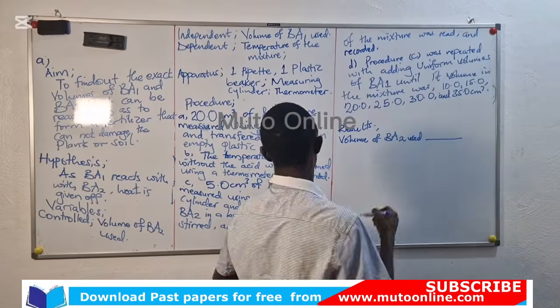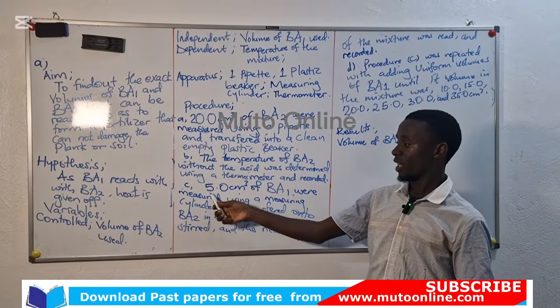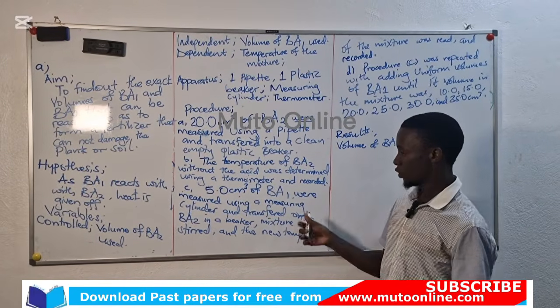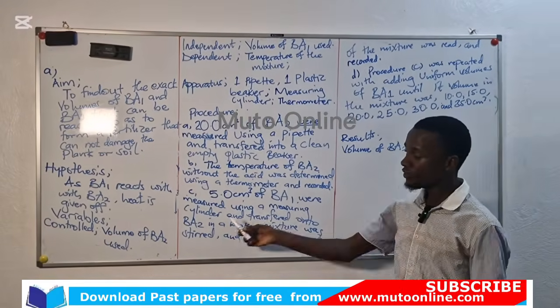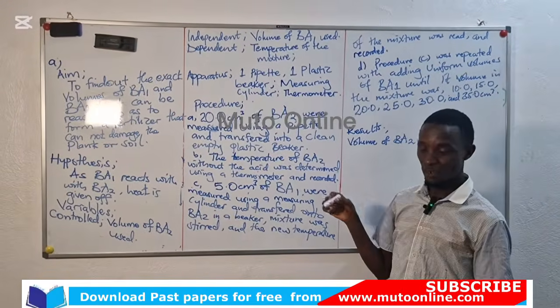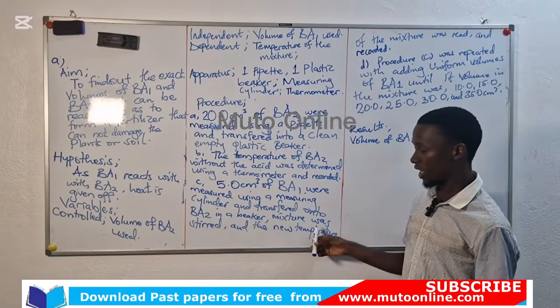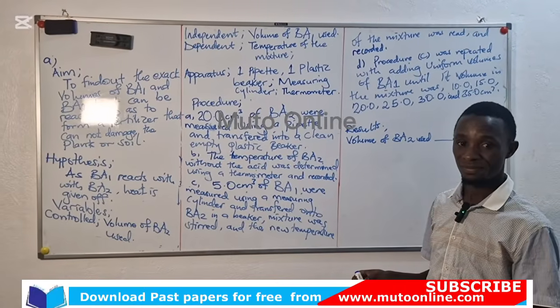So what we do, we measure 5 cubic centimeters of BA1 into the other solution, BA2, of fixed volume in the beaker. We stir the mixture, read the temperature after giving it time.